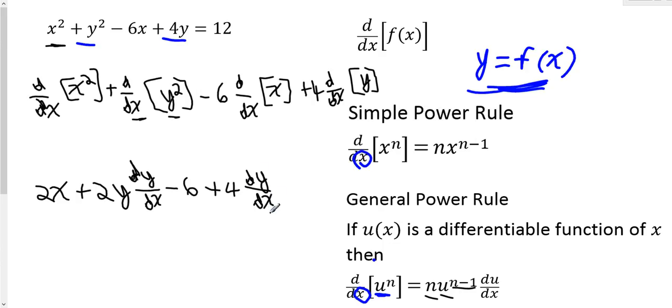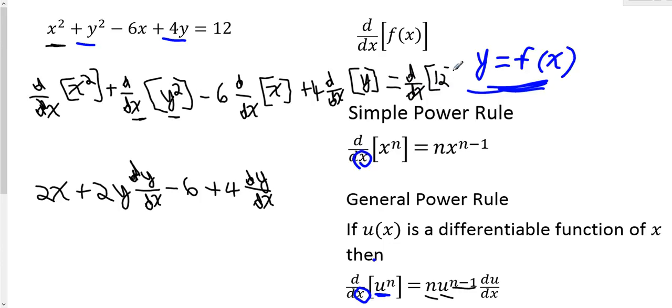You see, anytime you take the derivative and the independent variable is not the same as the variable for which the rule you're looking to use applies, you have to use the chain rule version of that rule. And in this case, the chain rule version is this general power rule. All right, and then on the other side, this is equal to the derivative with respect to x of 12.